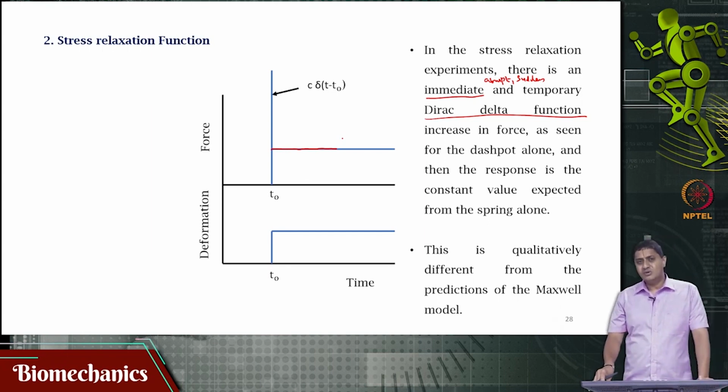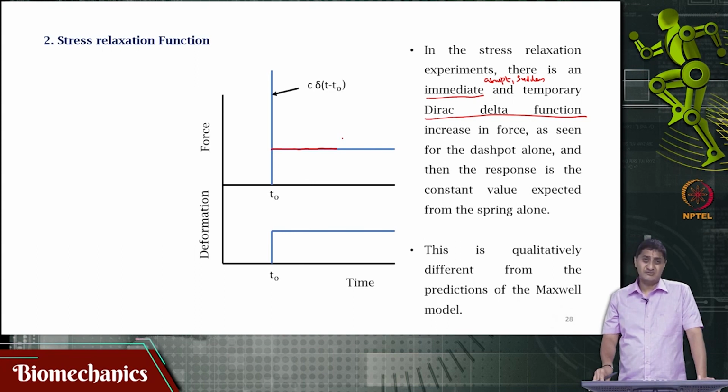Well, one challenge with this model is, what is the physical meaning of this direct delta function, delta of t? Physically, is this function realizable? An extremely large amount of force in an extremely small amount of time is physically not realizable.